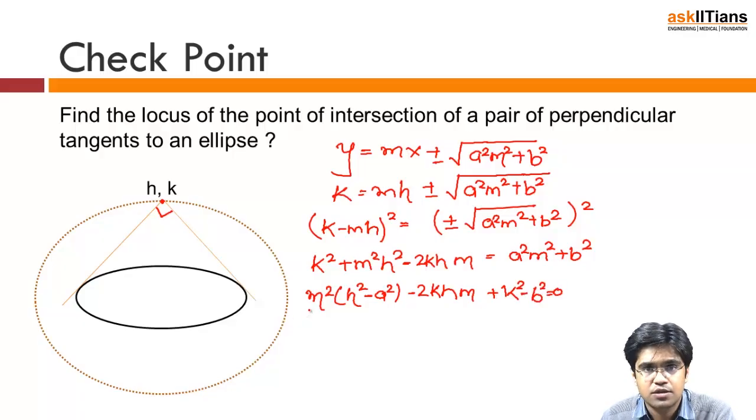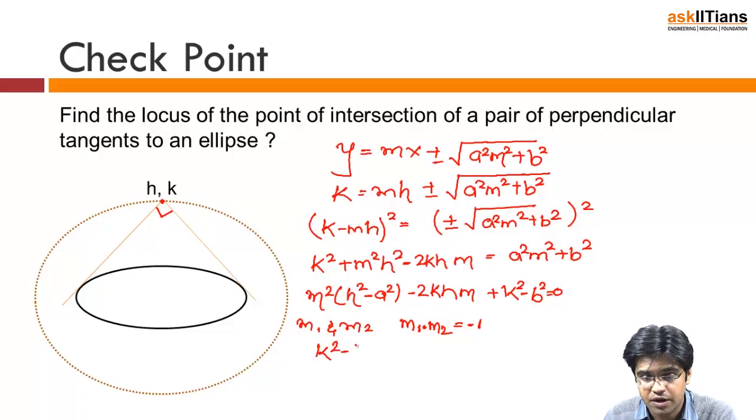Now clearly this equation is going to have two roots, m1 and m2. m1 and m2 correspond to those two straight lines, or those two tangents, which can be drawn from h comma k. If both the straight lines are perpendicular, we know from the condition of perpendicularity that m1 into m2 is minus 1. And m1 into m2 is also the product of roots. So the product of roots is c upon a, that means (k square minus b square) divided by (h square minus a square) is equal to minus 1.